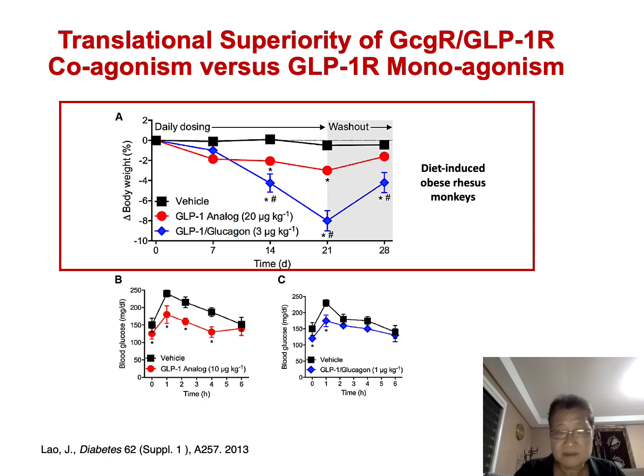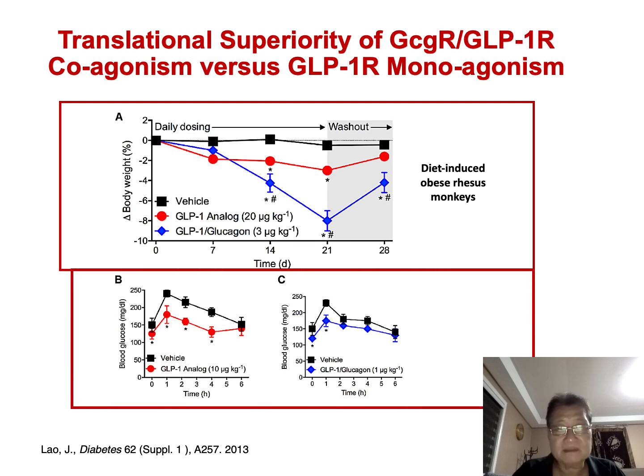Okay. At the lower panel, B and C, the effect of a meal tolerance test measuring blood glucose following 7 days of subcutaneous injection of liraglutide in red circle and the coagonist in blue diamond.